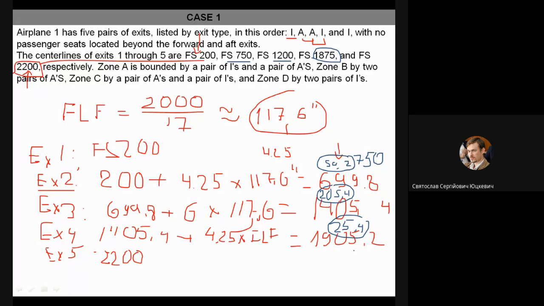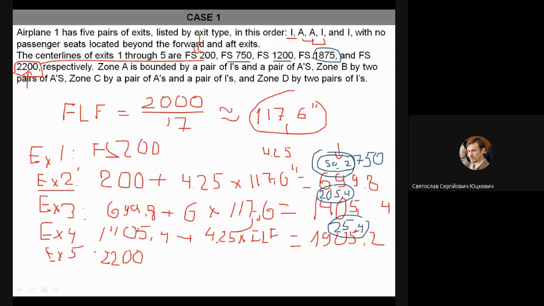Then, as you remember, this difference must be less than 15%. So how do we determine this difference? We must divide this value by the length of the fuselage cabin.